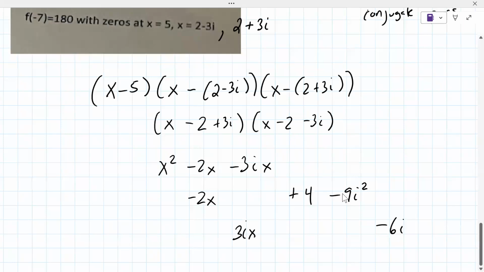Sorry, I may have a mistake here. So minus 2 times minus 2 is the 4. Minus 2 times minus 3i is plus 6i. Sorry, so I messed that one up.